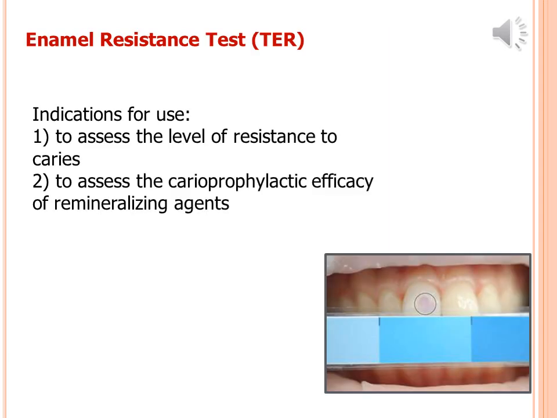There are several ways to determine how likely a patient is to have caries. These are tests of enamel resistance to dental caries and clinical assessment of the rate of enamel remineralization, determining the resistance of teeth to caries.